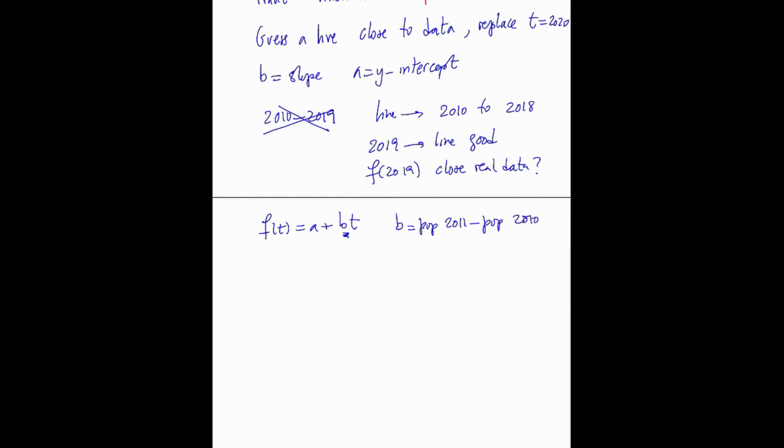Really, the slope b equals the population in 2011 minus the population in 2010, divided by 2011 minus 2010, but the denominator is 1, so our slope becomes the difference. That gives us a way to compute the slope: you take the population in one year and subtract from it the population in the previous year.